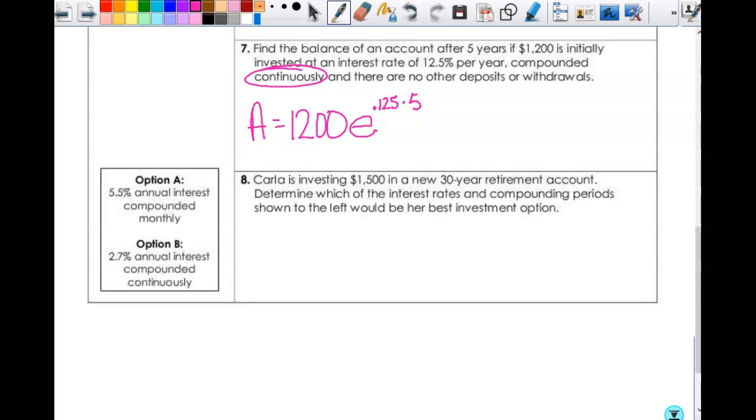So it's just the PERT formula. Your PERT formula is your continuous, okay? Because n is approaching infinity, and that's where e is coming from. And then you just type it in the calculator, and you should get this number.